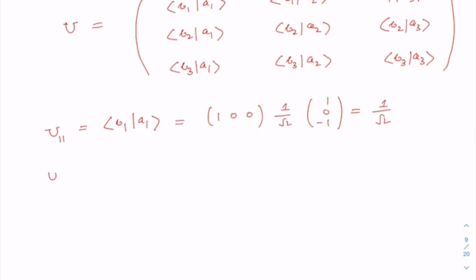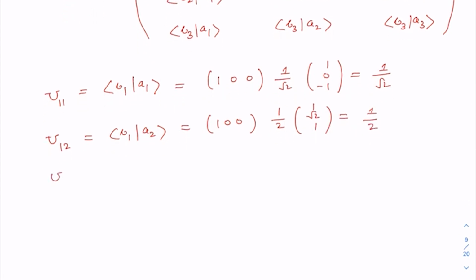Similarly, you can find out what is u12, that is b1 a2, that is equal to 1 0 0 times a2, which is half (1, root 2, 1). So this is going to give you simply half. And this way you can find out all the elements. U13, you will get as half.